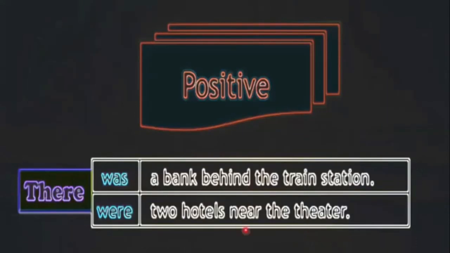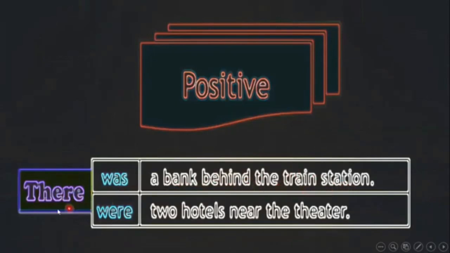Look here, my students. There was a bank behind the train station. There was here means كان يوجد, okay? A bank behind the train station.